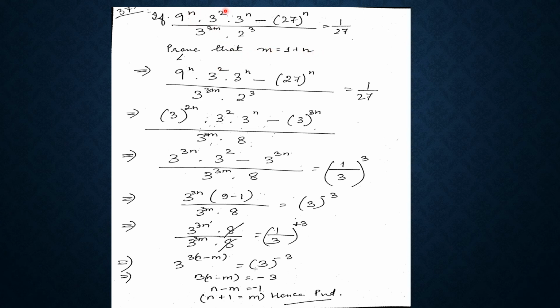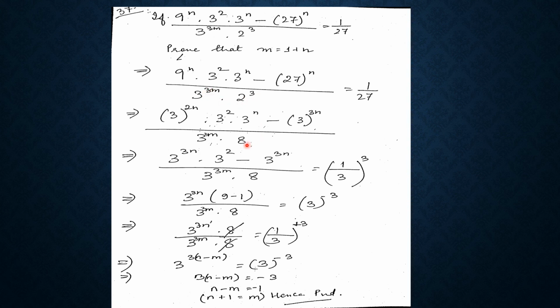So if we see this equation properly, all can be converted to the base of 3. So if I write down 9 as 3 square, it becomes 3 to the power 2n, 3 square into 3n, and 27 can be written as 3 cube, which will become 3 to the power 3n, and we already have 3m and 2 cube.